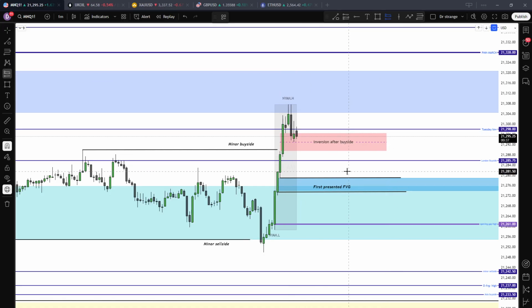Also watching this fair value gap. This one and this one is so important.